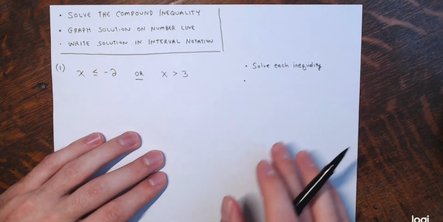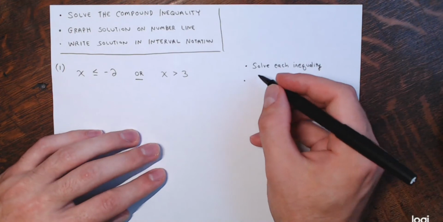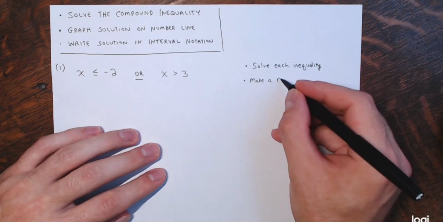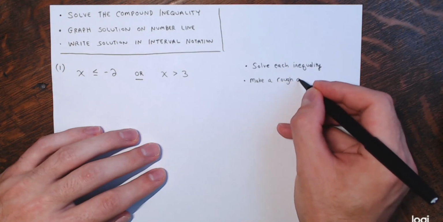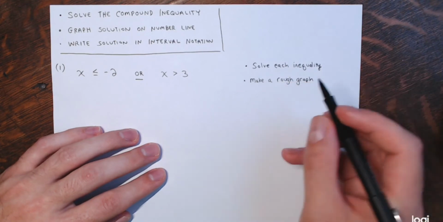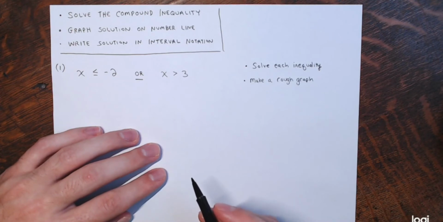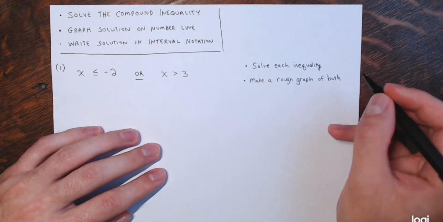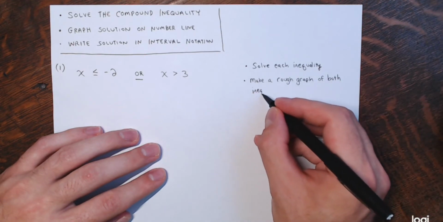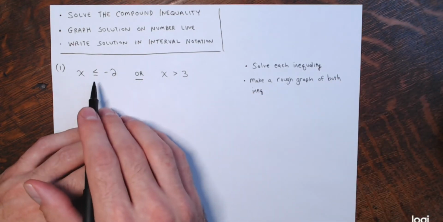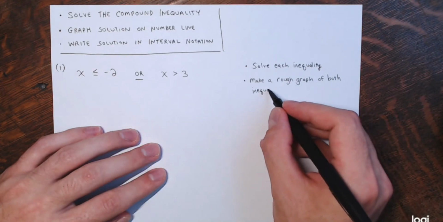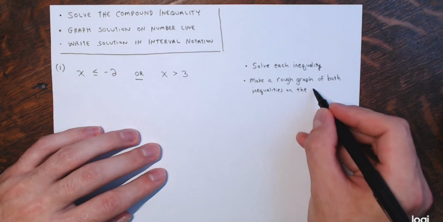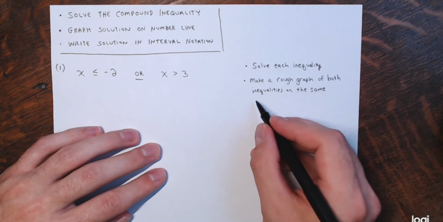Then what I'm going to do off to the side is make a rough graph, not a final graph. Make a rough graph of both inequalities on the same number line, so the numbers that satisfy this one or this one.